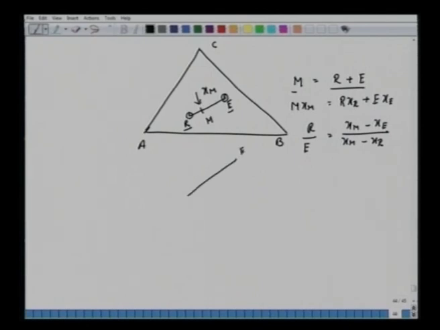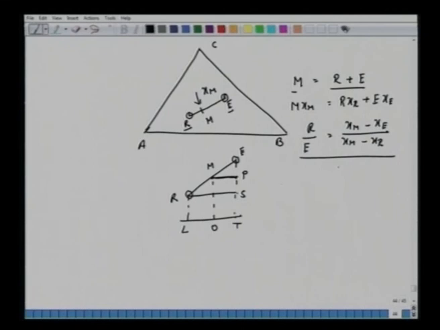So let's try to understand this. We have E here, we have R here. Take the line here, say L, say this is M here, we have O here, let's take these projections here as T, connect this, call it S, call it P. So what we have written here is R by E, the ratio of the amount of raffinate to the amount of E, is nothing but the ratio of XM minus XE and XM minus XR.